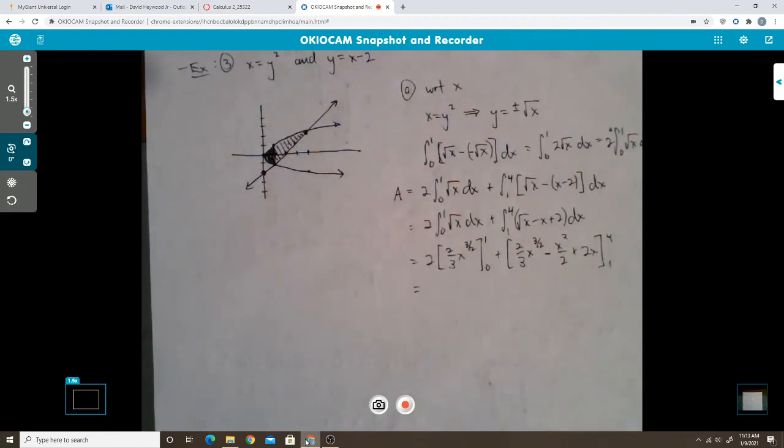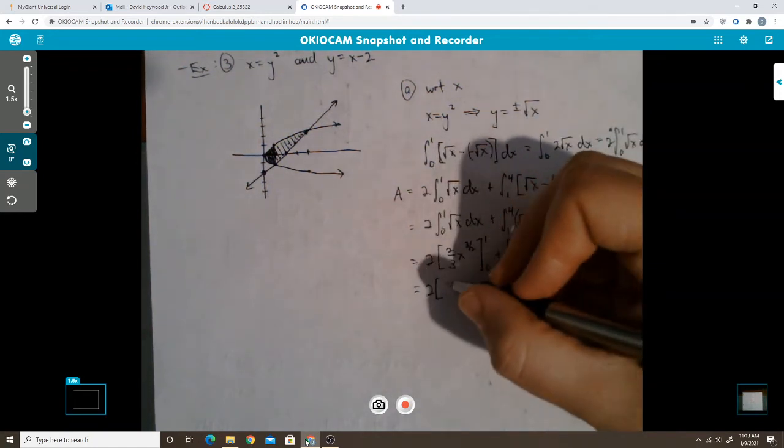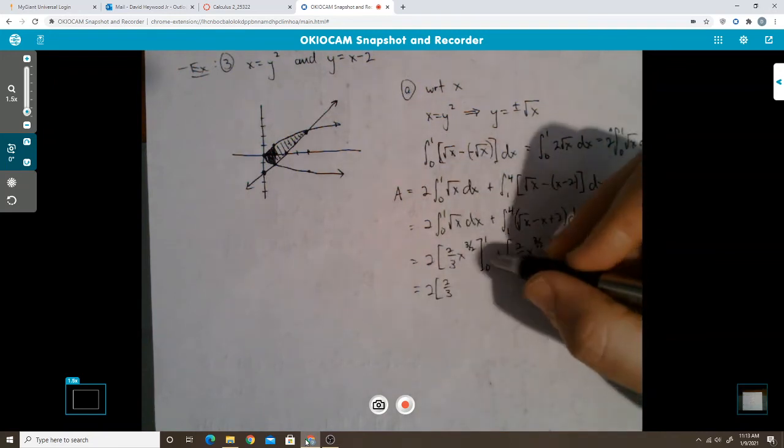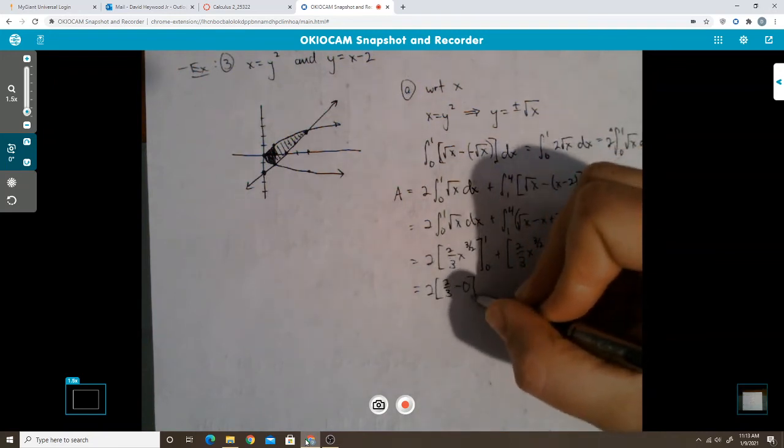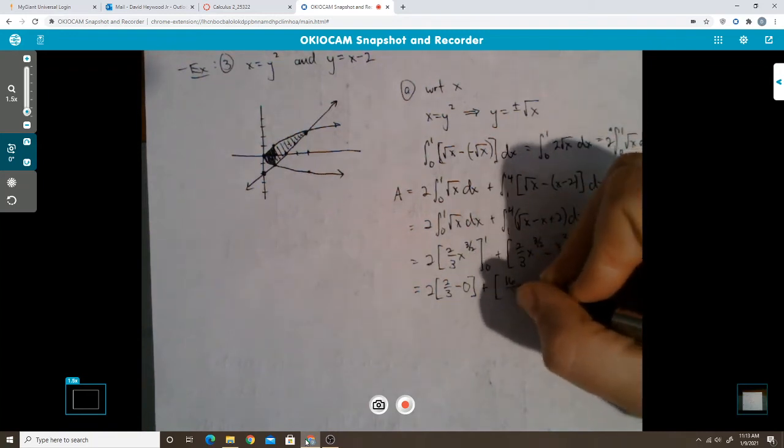The rest is arithmetic. If we plug in 1, we're going to get 2/3. If we plug in 0, we're going to get 0. If we plug in 4, square root of 4 is 2, and 2 cubed is 8. Then 8 times 2 is 16, so we've got 16/3.